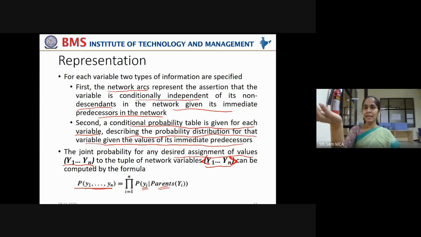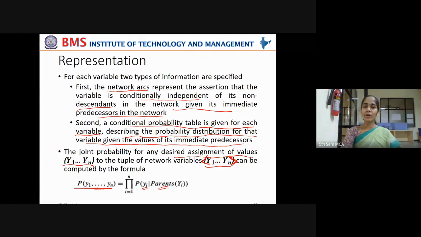Sorry, I told you the other way. So lightning is the parent of thunder. Can we say that? It means probability of thunder can be calculated given probability of lightning. That is the parent of yi. Yi is thunder here. Parent of yi is lightning.